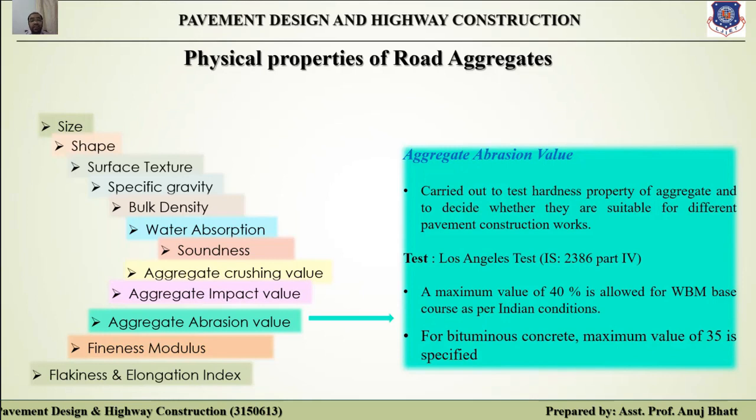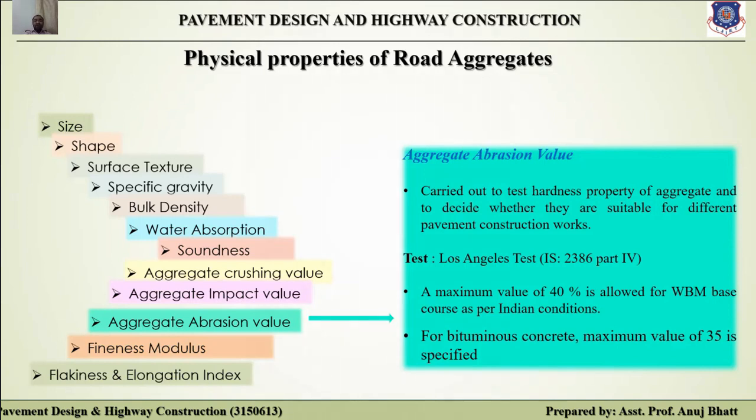That exerts a rubbing and wearing action on the aggregates, and then you get the abrasion value. The maximum value of abrasion allowed is 40% for waterbound macadam base course. For bituminous concrete, the maximum value of abrasion is 35%. So this is all about the abrasion value.